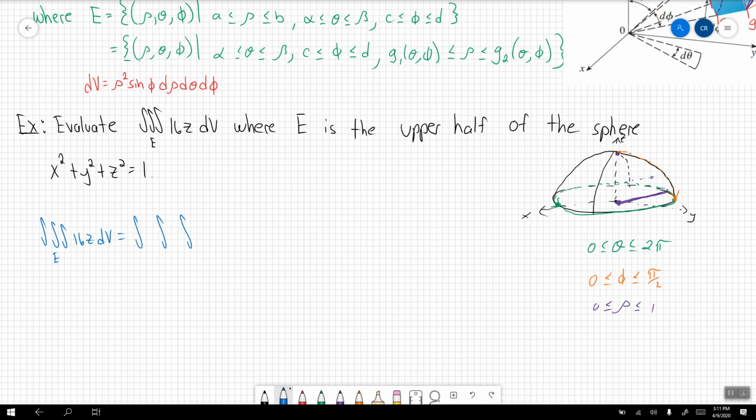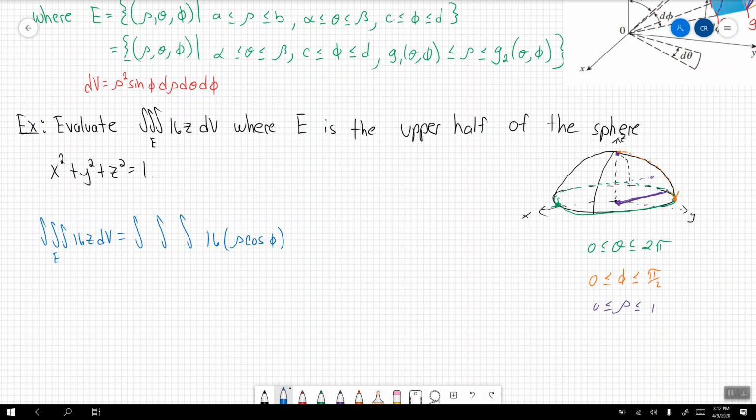Nice. So now that we have this, let's start inserting what we know. In here we have 16z, but making our interpretation in spherical coordinates, z is just rho times cosine of phi.